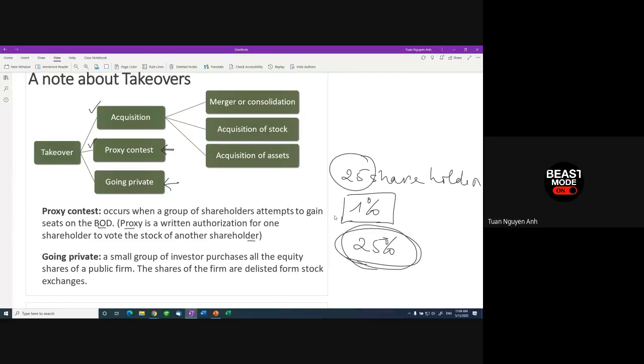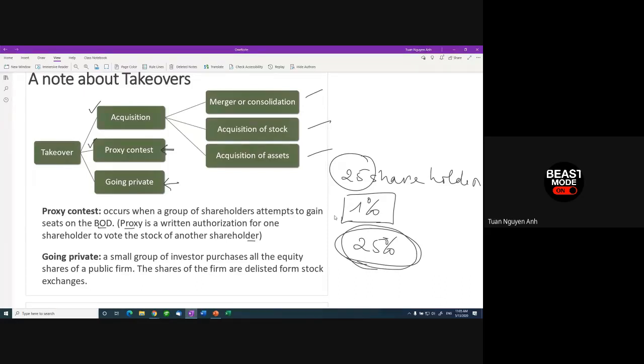And in acquisition, we talked in the very first lecture about the three kinds of acquisition, like horizontal, vertical, and conglomerate.